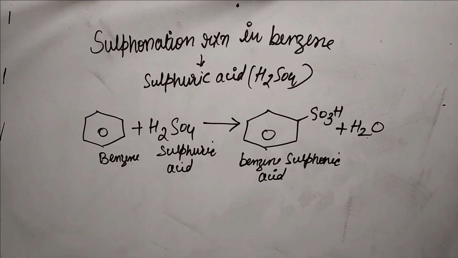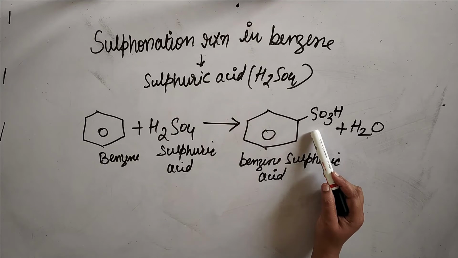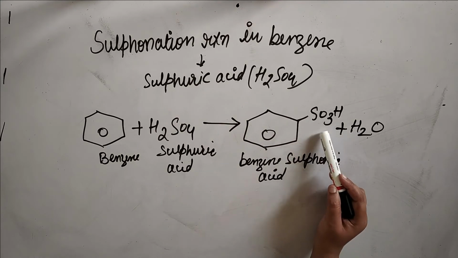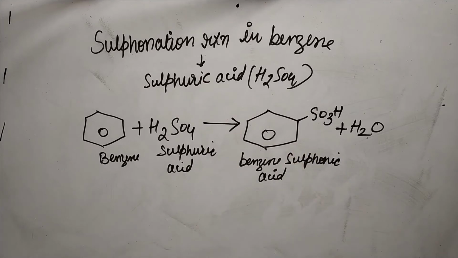Here you can see the general reaction of sulfonation in benzene, where benzene reacts with H2SO4 and gives benzene sulfonic acid. Here this SO3H group is the electrophile which is substituted on the benzene ring, and it is derived from sulfur trioxide.